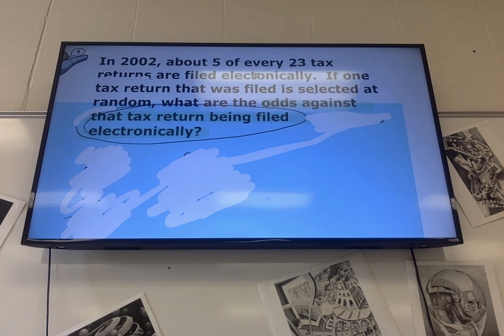So things you need for this, you need to know that there were 5 of every 23 tax returns total that were filed electronically, and we're finding odds against that it's filed electronically. And again, I don't have to say odds against. If I just said odds, then we assume it's against, because that's mostly what they are.